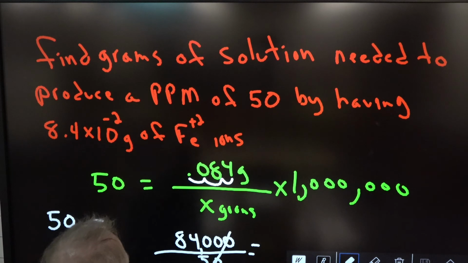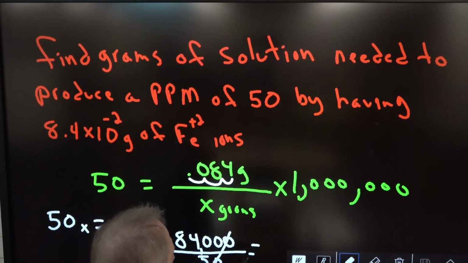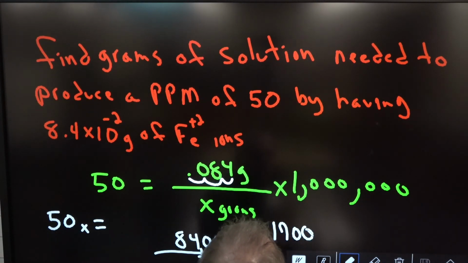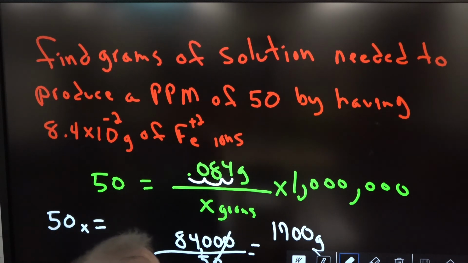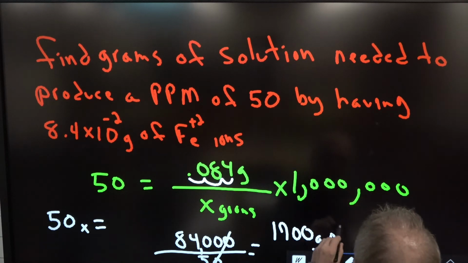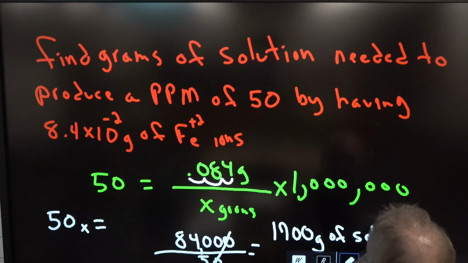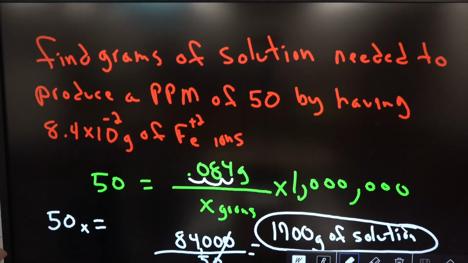Knock those zeros off. So that would be 8,400 divided by 5. And that would be 1,700 grams of solution. That is your answer.